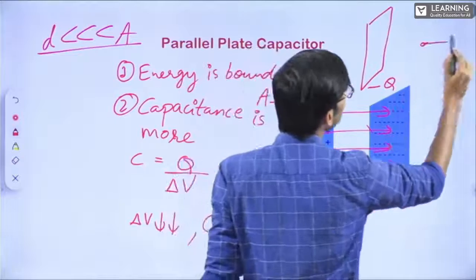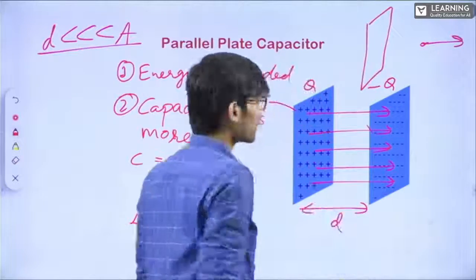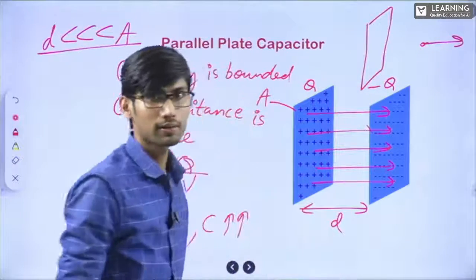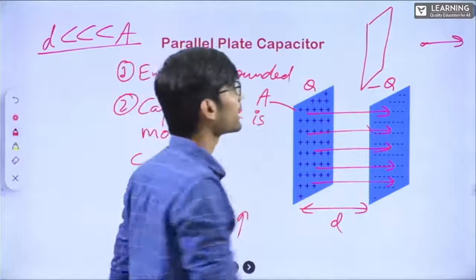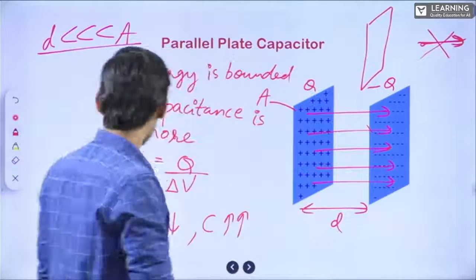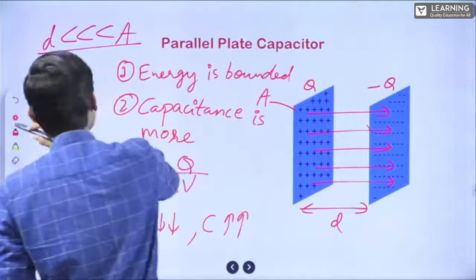At any point they were perpendicular, like this, correct? That's why I have made the lines like this. But if it was not an infinite plate, electric field lines will not be like this. Correct? So that is the reason we have to take an infinitely long plate.